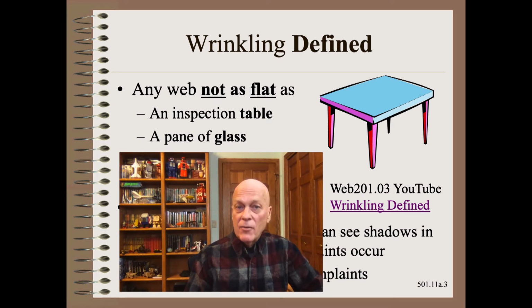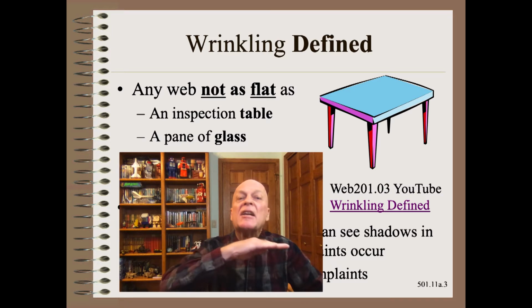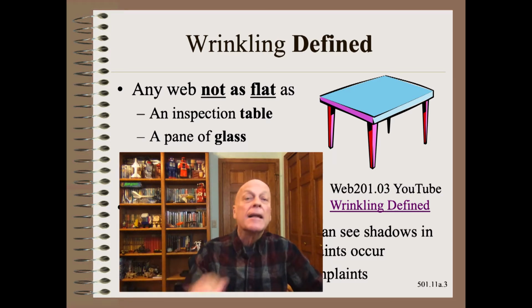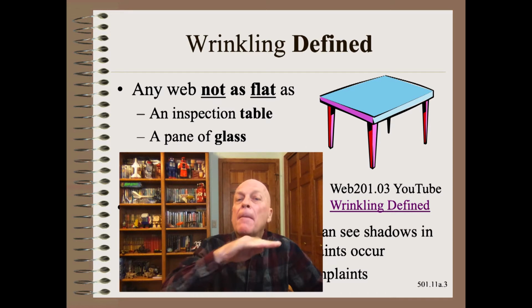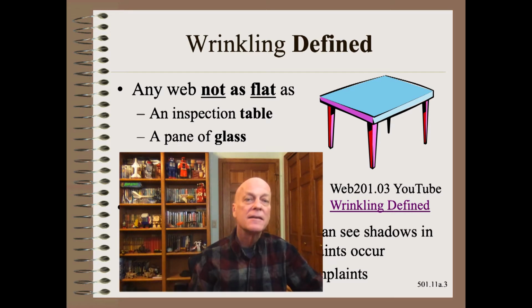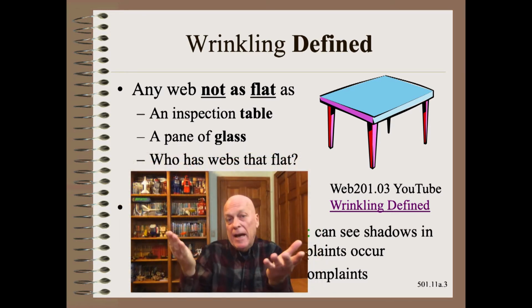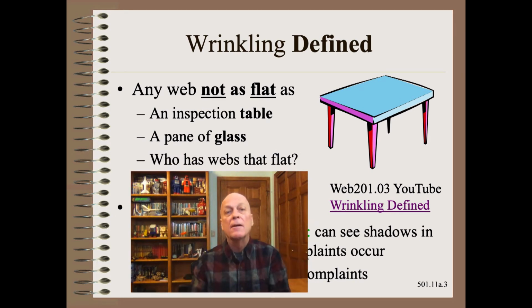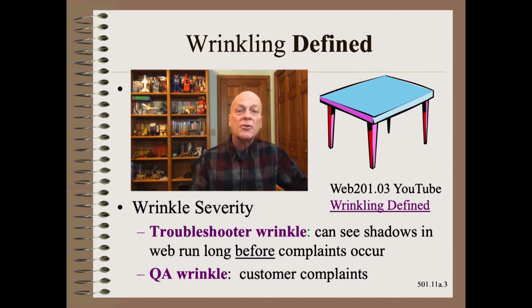My definition of wrinkling is when the web is not dead flat, like a tabletop or a pane of glass. So, who has webs that flat, you say? No one. But that is not the point. So the troubleshooter will be looking for shadows in the web run, often long before complaints occur, for telling clues as to the wrinkle type and thus preventative remedy list.